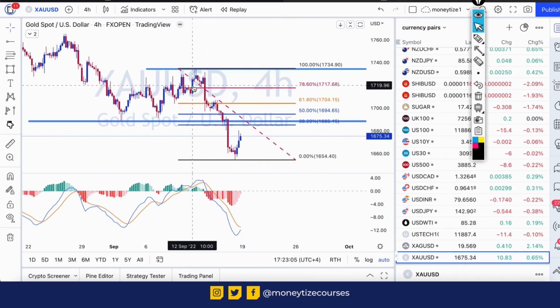From this area, that's here, it's a big bearish candle which filled the bearish orders.